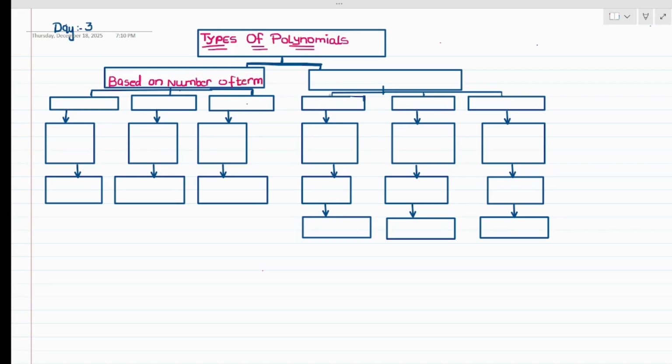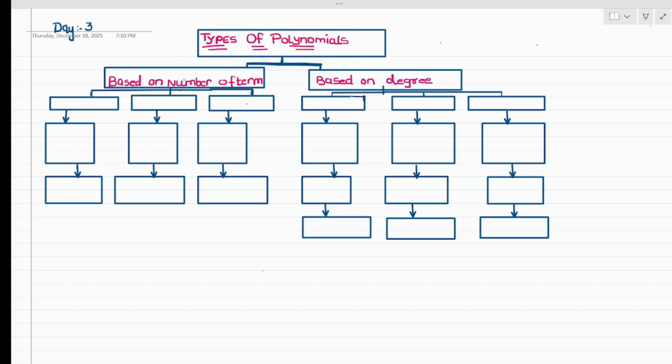And the second classification is based on its degree. Degree means its power, the greatest power. The first we saw, type of polynomials: basis of classification are first is based on number of terms and second is based on degree.